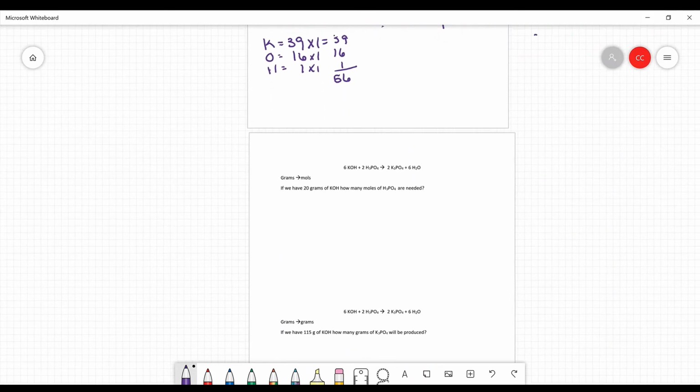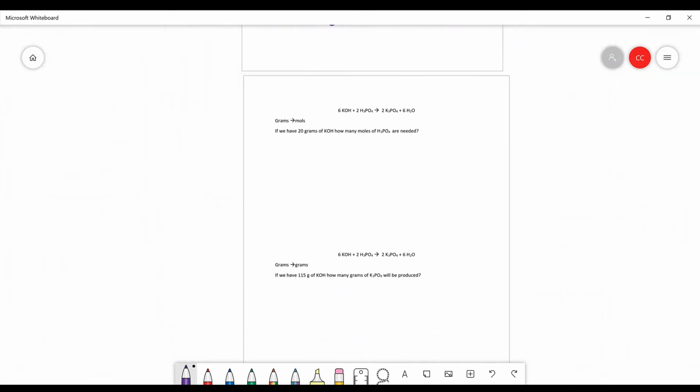Our given is 20 grams of KOH, and the question asks how many moles of H3PO4 are needed. So 20 grams of KOH is our given, upper left-hand corner.